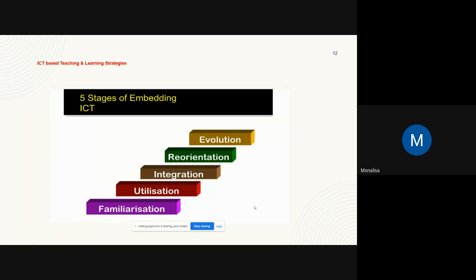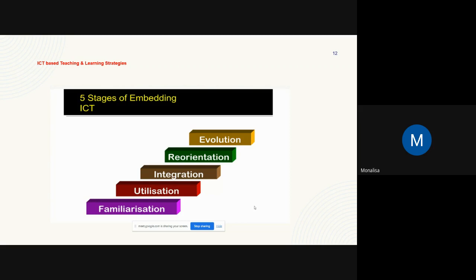Coming to reorientation, the potential of ICT is now exploited to move into new areas and approaches that could not easily be replicated with traditional means, that means the teacher-centric method. So the teaching learning process begins to be significantly transferred from teacher-centered to student-centered.